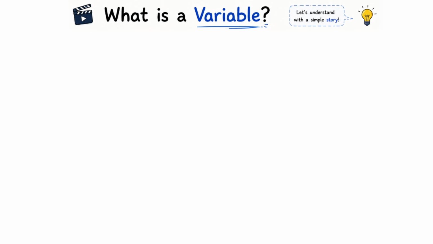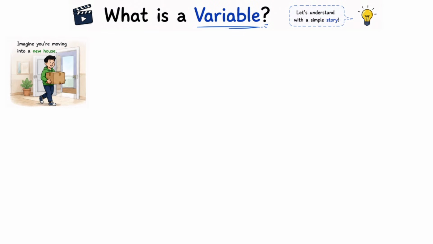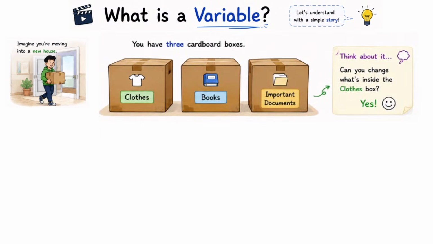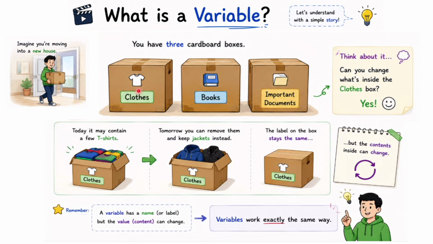So, what is a variable? Imagine you are moving into a new house. You have three cardboard boxes. One box is labeled clothes, one box is labeled books, one box is labeled important documents. Now think about it. Can you change what's inside the clothes box? Of course. Today it may contain t-shirts and tomorrow you can remove them and keep jackets instead.